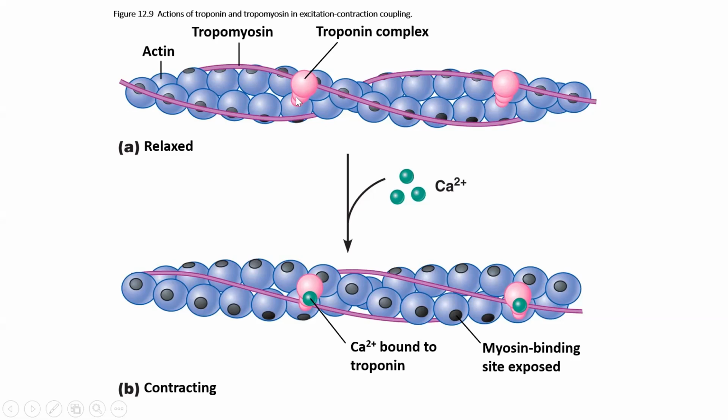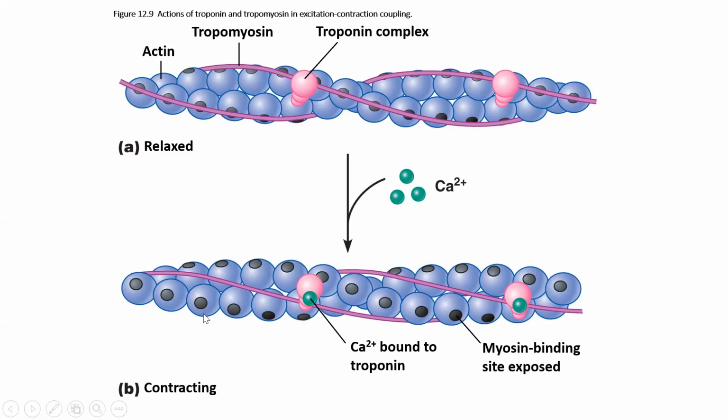It has a spot to bind tropomyosin, which is this thread-like regulatory protein, and it has a spot to bind the actual actin filament. And so when it doesn't have calcium on here, it's going to drag that tropomyosin to cover up these myosin binding sites. And so in this relaxed state, actin cannot interact with myosin because these myosin binding spots are covered up.